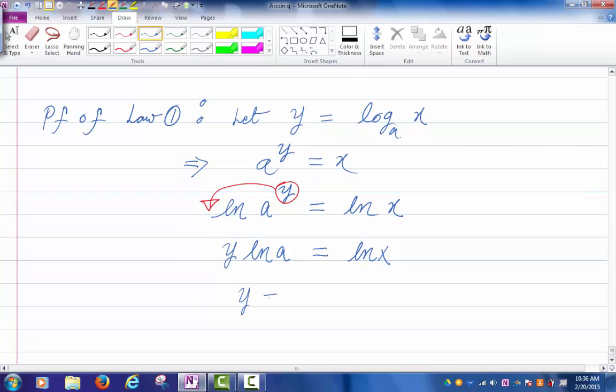So y is ln of x over ln of a, and remember what y is. y is log base a of x. So the log base a of x is indeed ln of x over ln of a. Is that making sense?